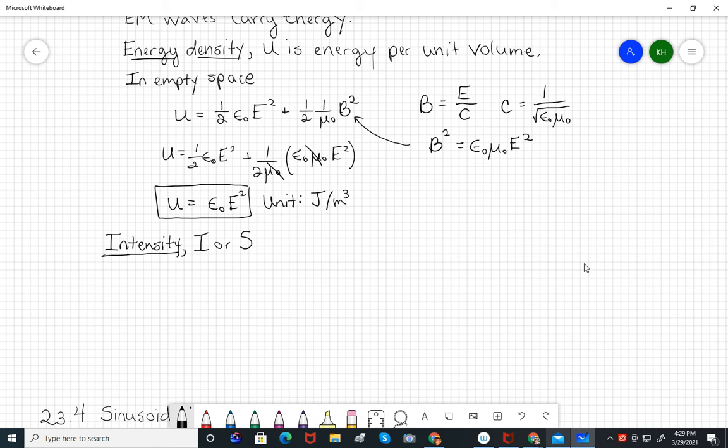S is probably nicer because we use capital I for current, but I is the one that's somewhat intuitive. And intensity is the power per unit area.